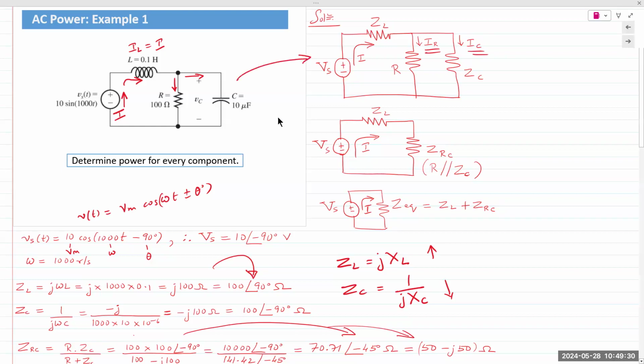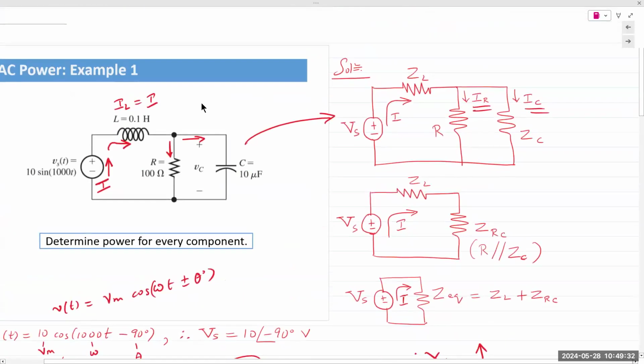So now you have a voltage source and three impedances. Inductor is replaced with ZL, capacitor replaced with ZC, and R, of course, remains exactly the way it is.